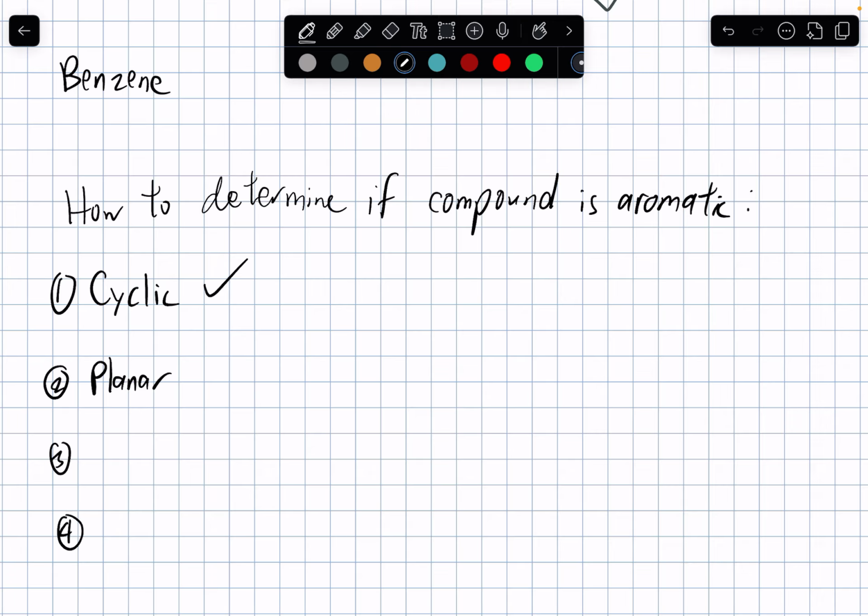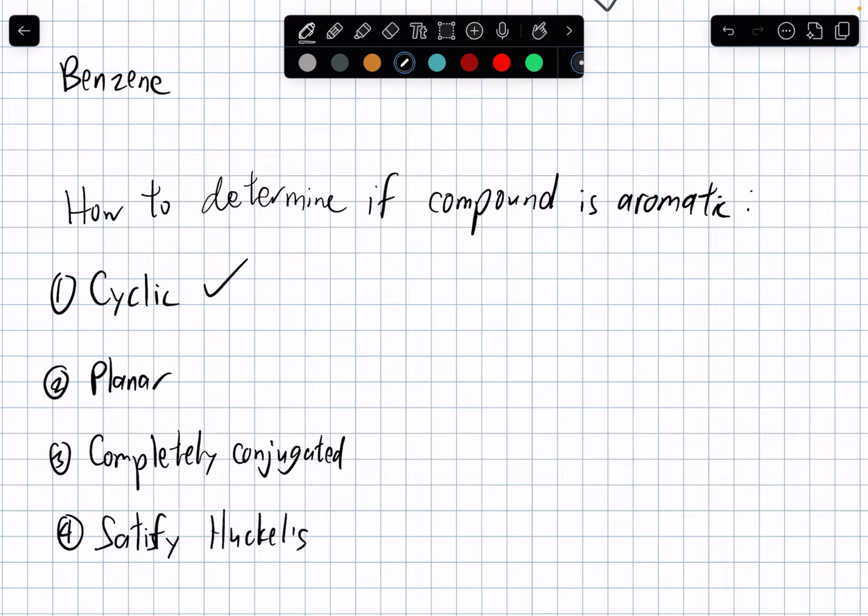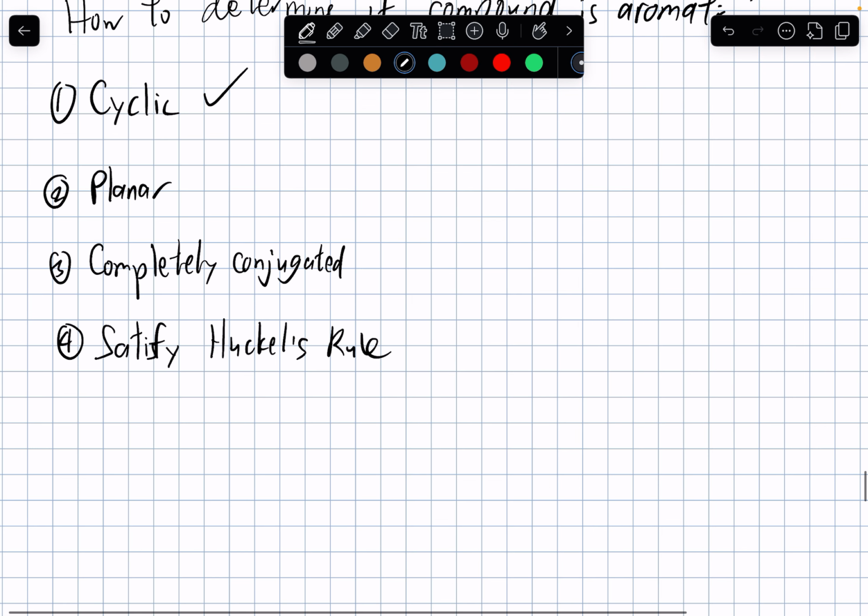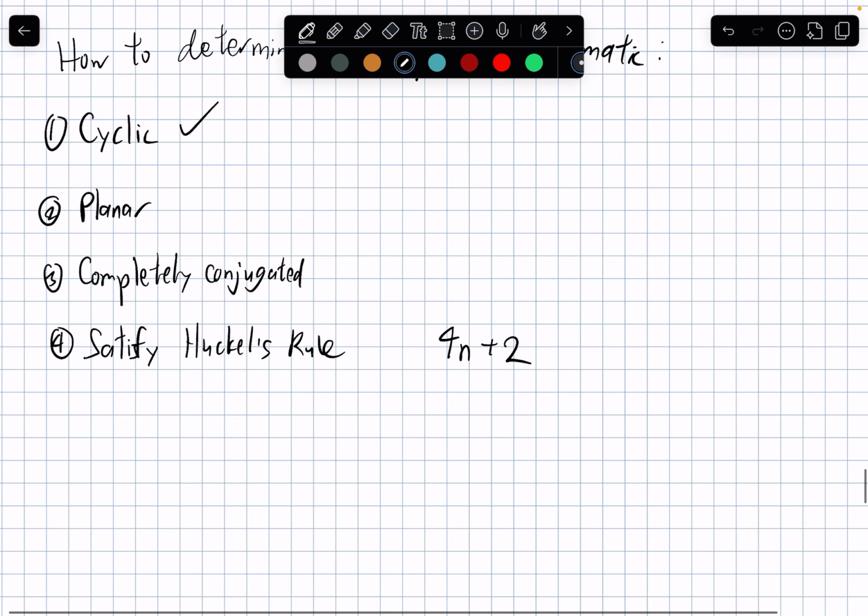No? And the compound is completely conjugated, and it satisfies a certain rule, Huckel's rule. So for Huckel's rule, you have to know this: it has to contain 4n plus 2 electrons. No?